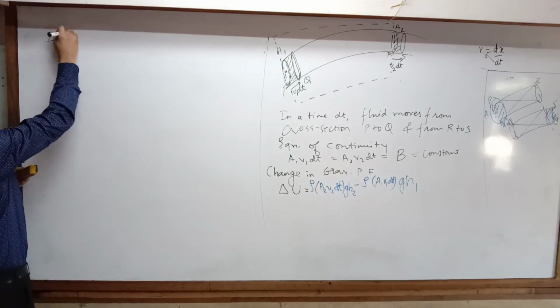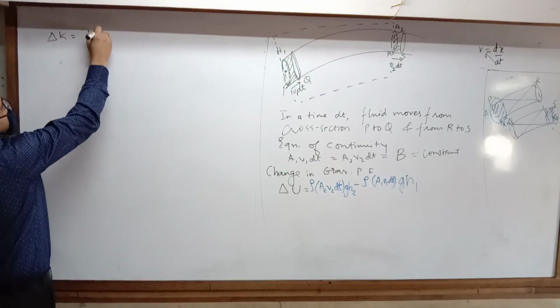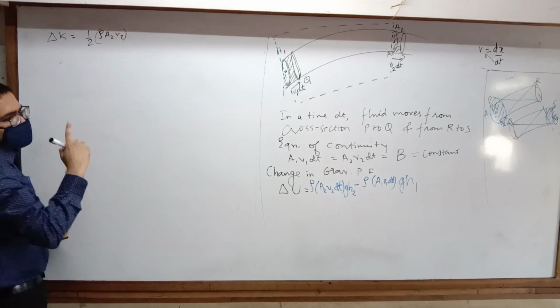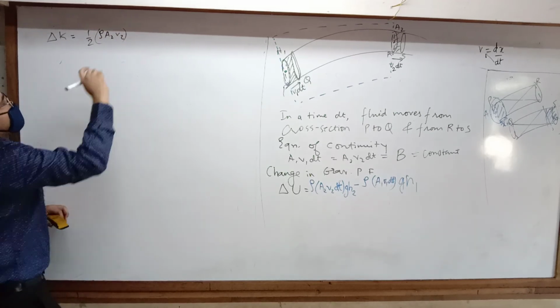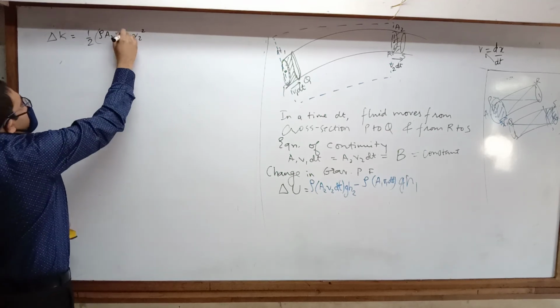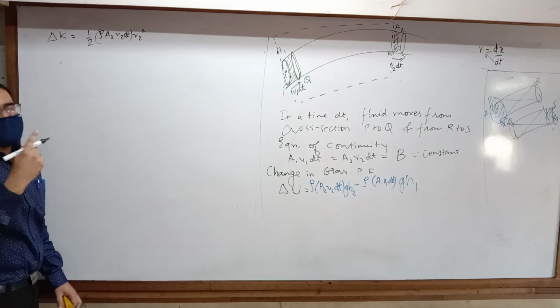So delta K is equal to 1 by 2 final kinetic energy, rho, it is A2 V2, what is the mass? A2 V2 square into dt. Sorry, I forgot here. Clear or not clear?